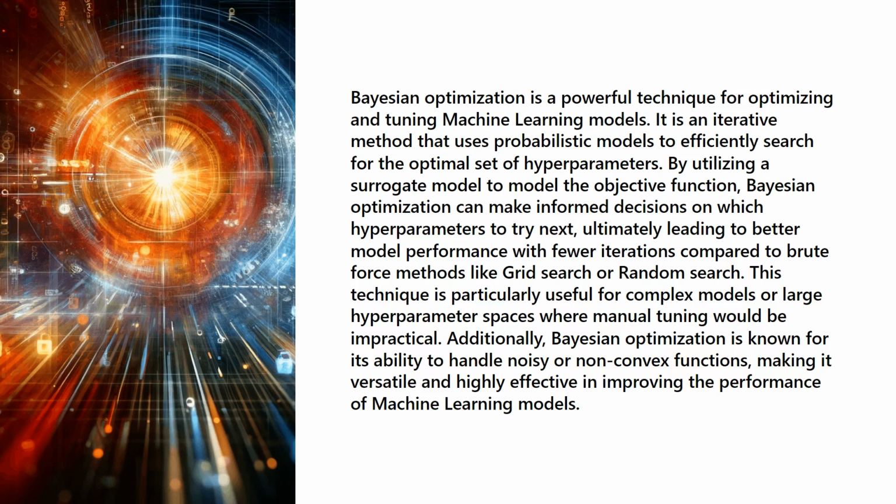This technique is particularly useful for complex models or large hyperparameter spaces where manual tuning would be impractical. Additionally, Bayesian optimization is known for its ability to handle noisy or non-convex functions, making it versatile and highly effective in improving the performance of machine learning models.